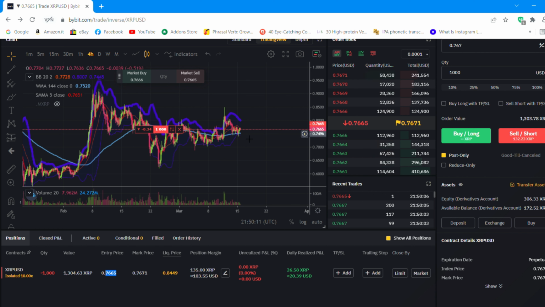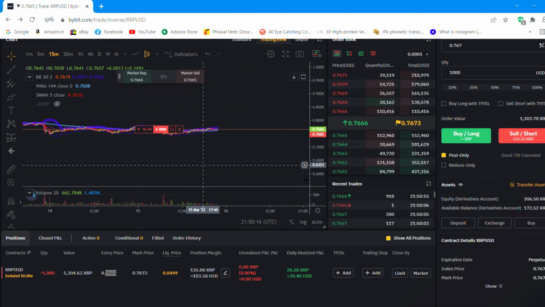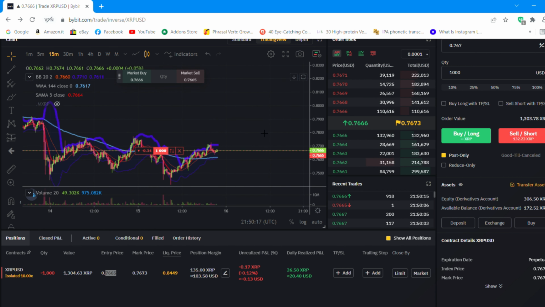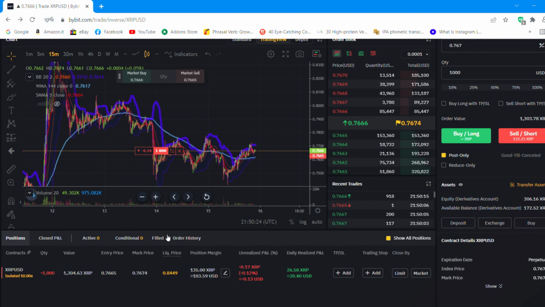So for example, if I'm here, let me change back to the 15 minutes. If I am here, I entered at 7665. So I entered here. Let's say the next one would be 82, 6 points.